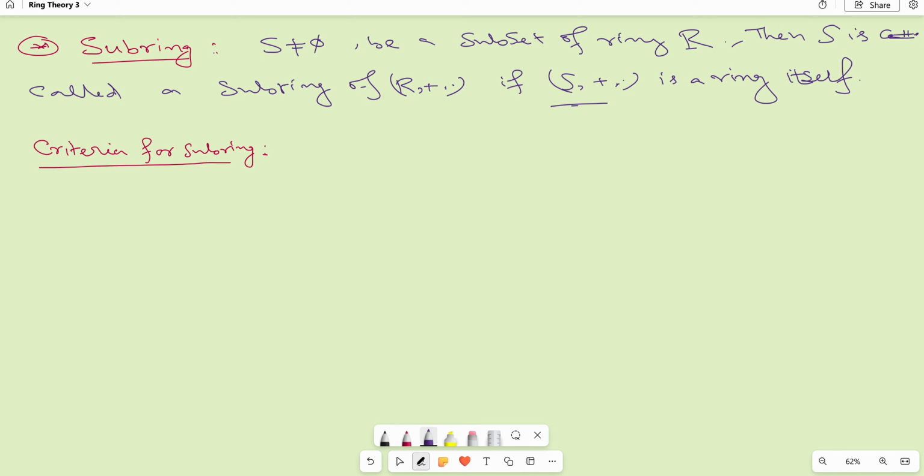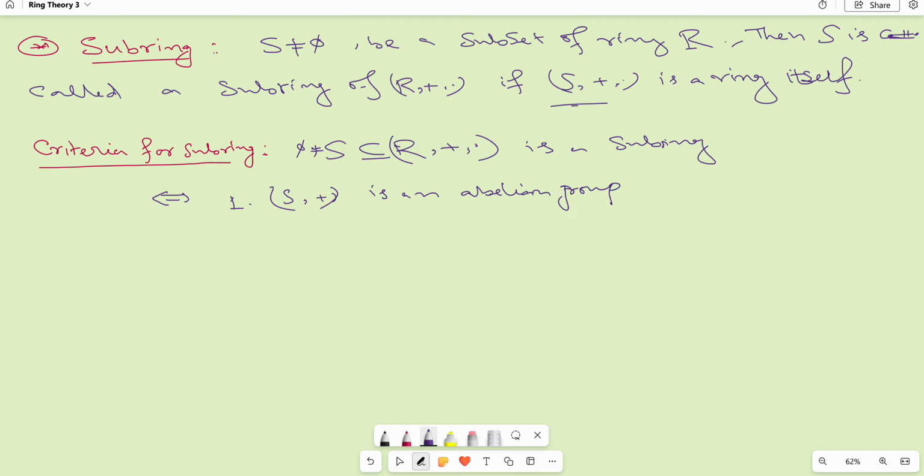The criterion for a subring is, suppose S is a non-empty subset of the ring R plus dot, not the real numbers. S is a subring if and only if, these are equivalent definitions, first, S plus is an abelian group.